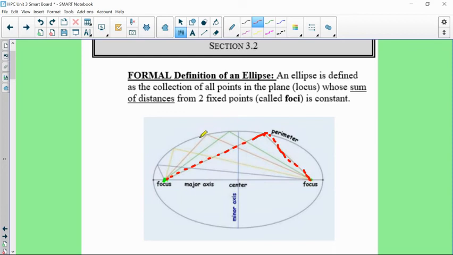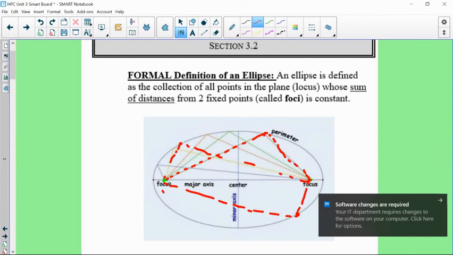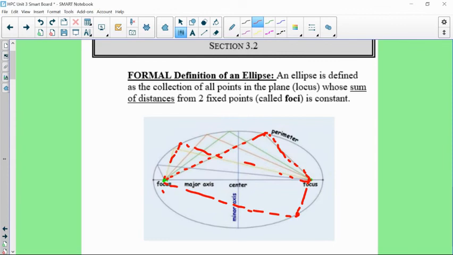So maybe over here, that distance plus this distance is the same, right? Or even if you're down here, if you measure this distance and this distance, it's the same. So that's another definition of how you get an ellipse, is that it's a set of all points whose sum of distances from two fixed points called foci is constant.